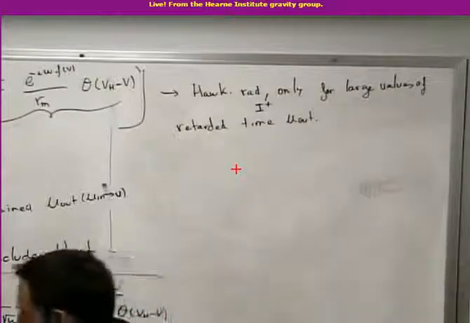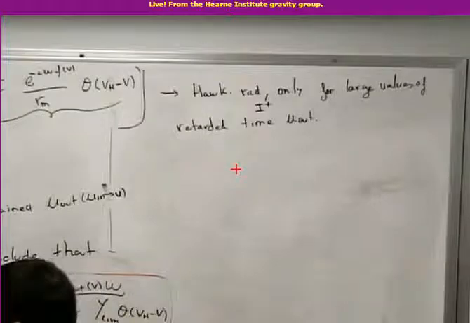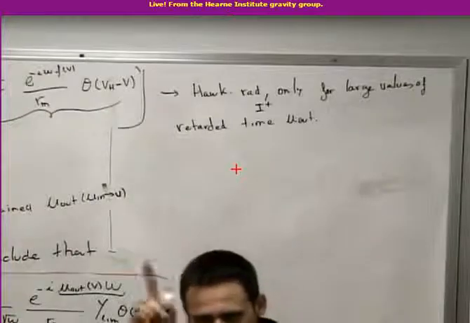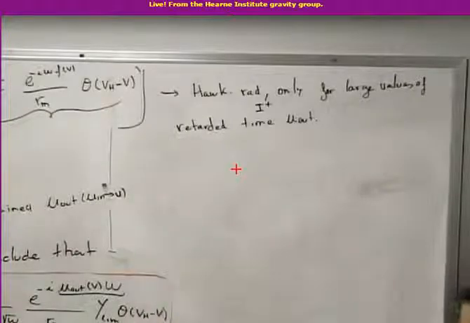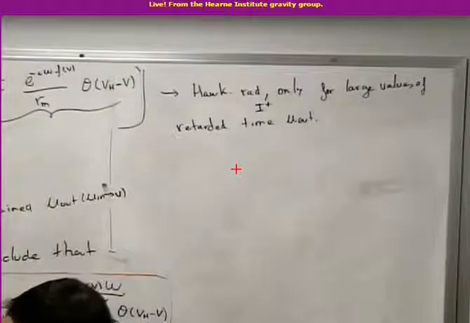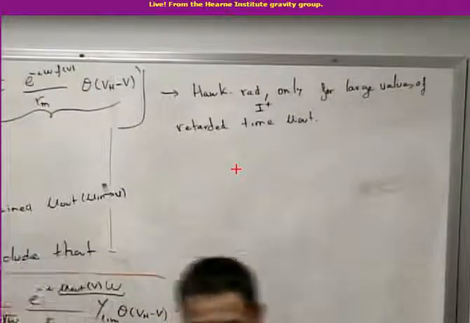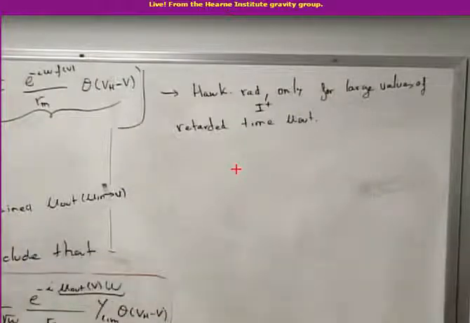Yes, this is the future always, because if you emit a null ray, it will propagate in one direction. So this time is larger than this one. So time always goes vertically here, that's why we say it's late times.